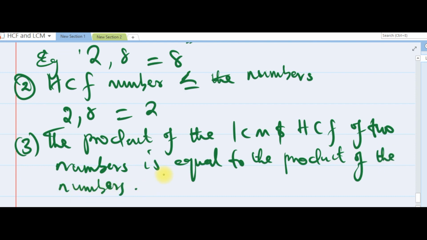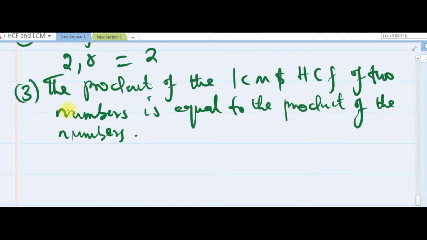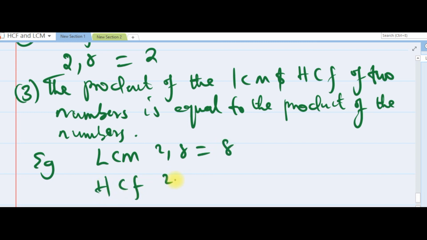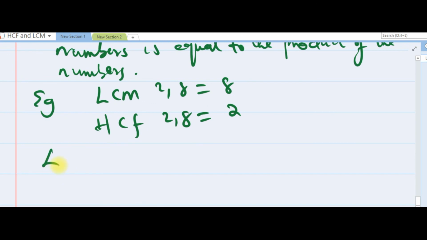This one is restricted to only two numbers. If you notice, the LCM of 2 and 8 is 8, and the HCF of 2 and 8 is 2. So if you do LCM times HCF, which is 8 times 2, this is the product of the two numbers we were given, 2 and 8.